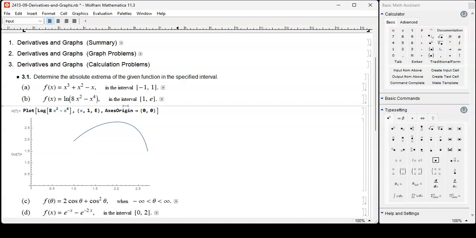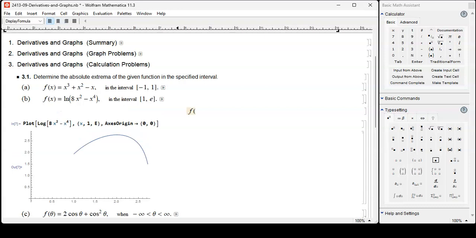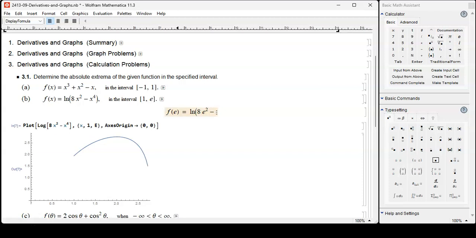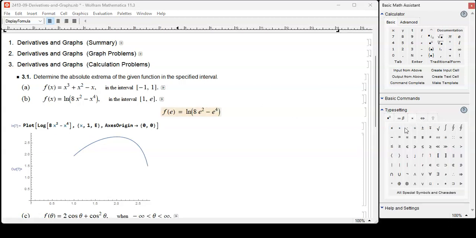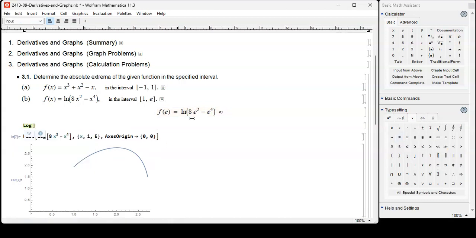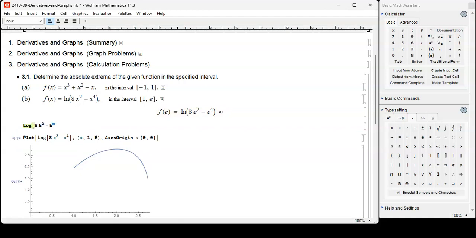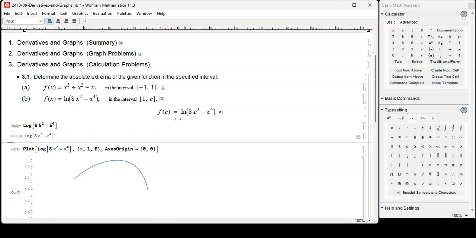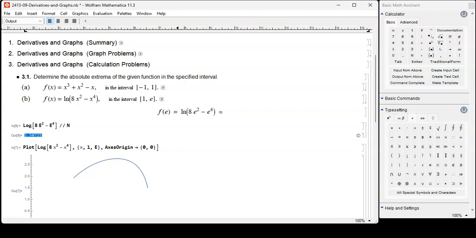Calculate f of e, then I'm going to get f of e is log of 8e squared minus e to the fourth power, and what is this value? 1.5 something.